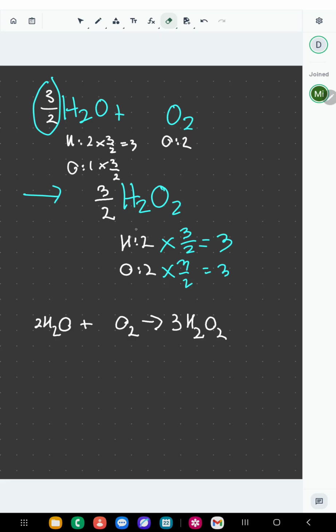So you have 2 hydrogens here. Why don't you just use whole numbers? Like here, multiply by 2. Why don't you multiply H2O2 by 2? Try it. If you multiply that by 2, what will happen?